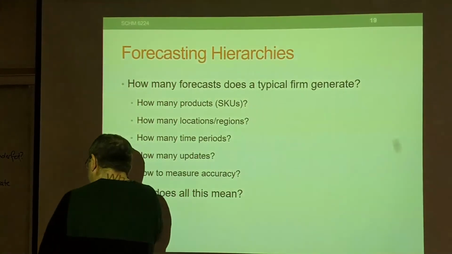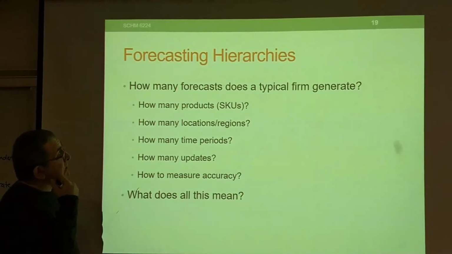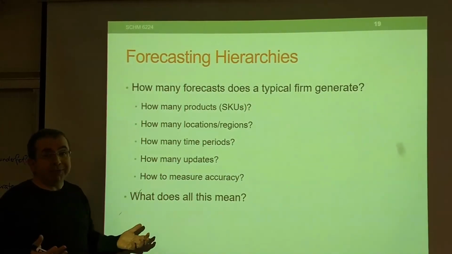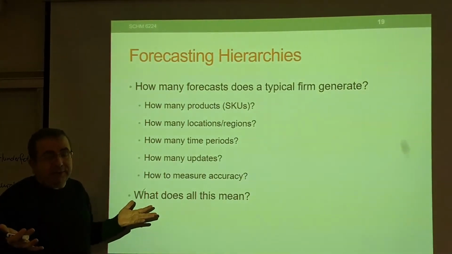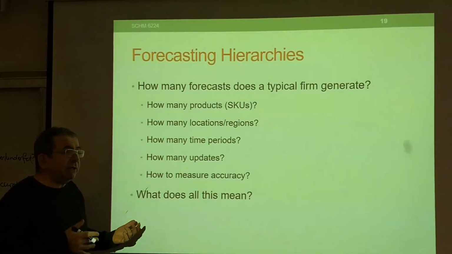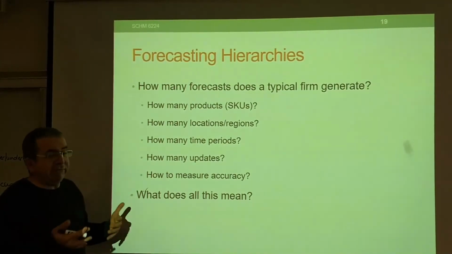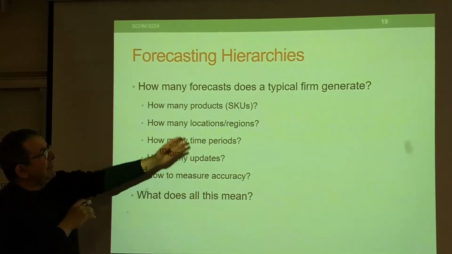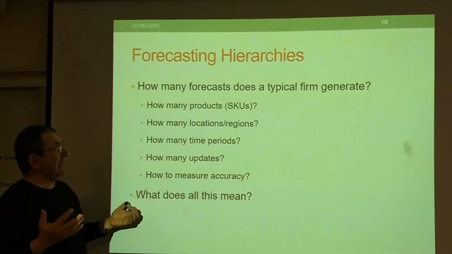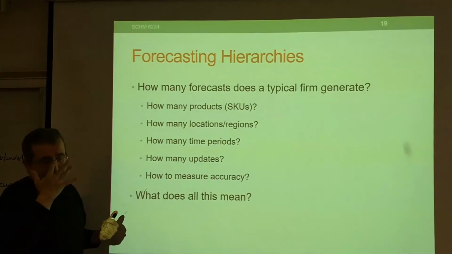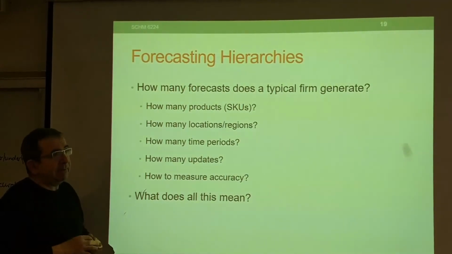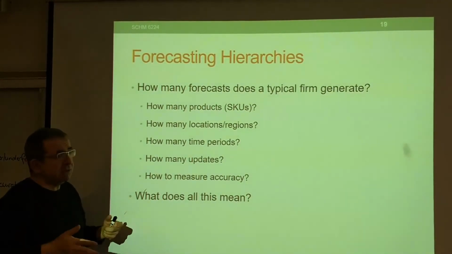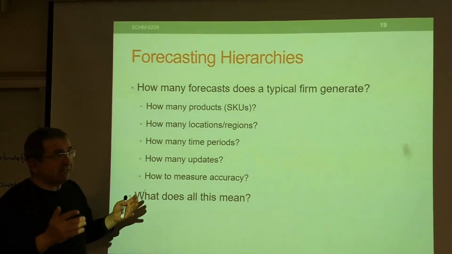So, if you look at the forecast hierarchy, how complicated can it get? Can you have a simple hierarchy, or will you have a very complicated hierarchy? So let's think about how many products a company has. A typical company will have dozens and dozens, if not hundreds of SKUs.